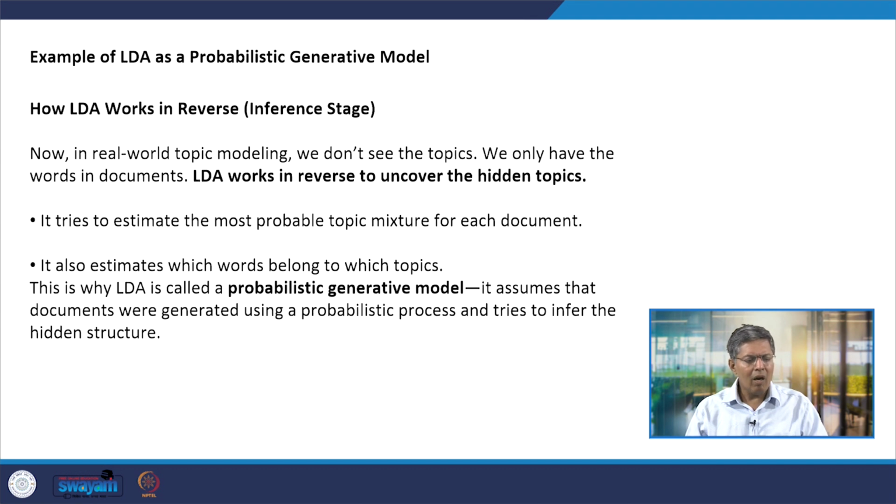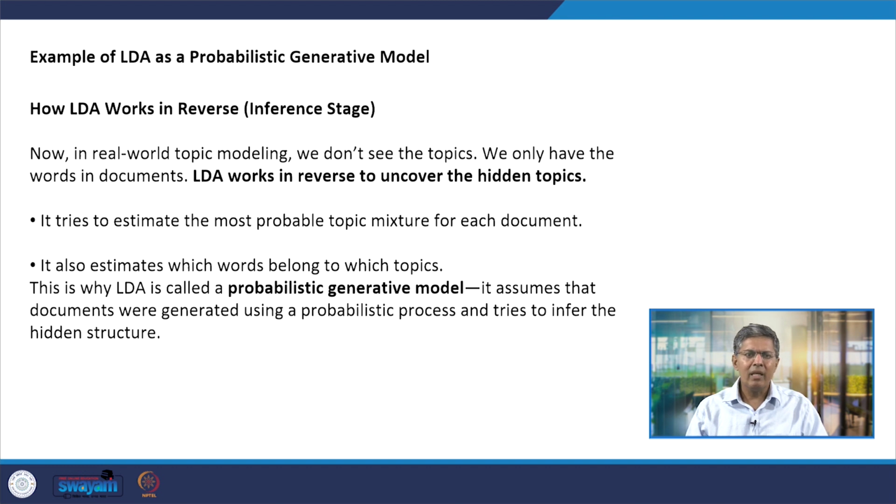Okay. So, how does LDA work in reverse, during the inference stage? In real world topic modeling, we do not see the topics. We only have the words in documents. So, LDA works in reverse to uncover the hidden topics. It tries to estimate the most probable topic mixture for each document, and it also estimates which words belong to these topics.